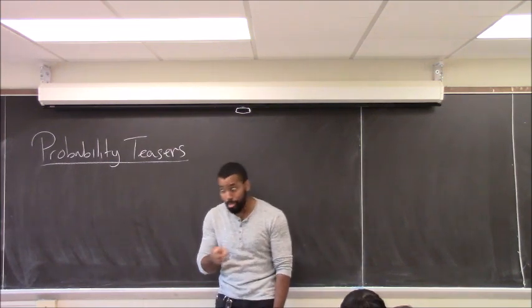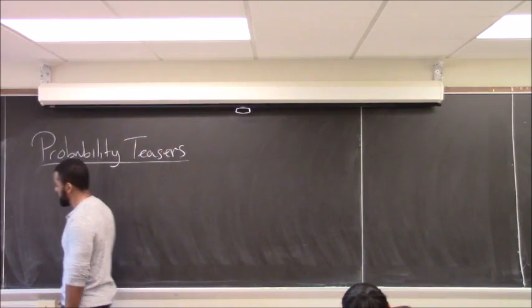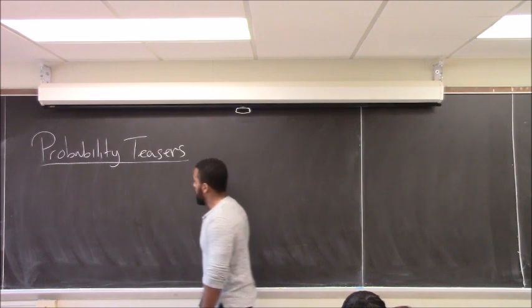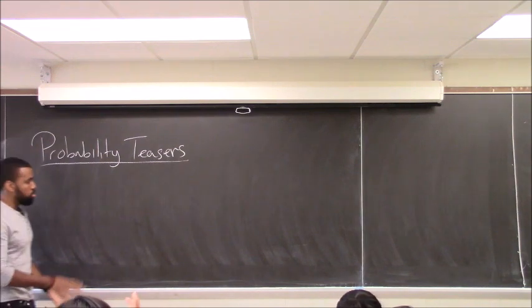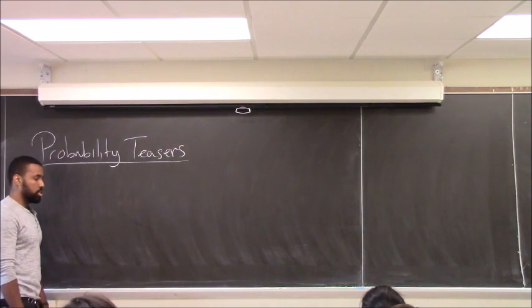Yes, we want to be able to count big things really fast, but we also want to be systematic in our counting. To illustrate that, I wanted to look at some probability problems and see if we could figure them out, see where our probability muscles are and what we really need to work on. So that's what we'll do.